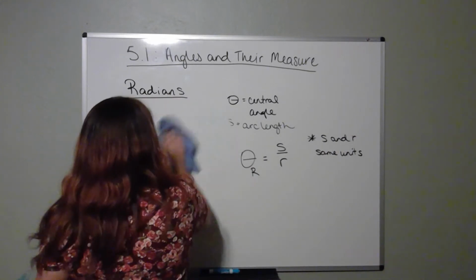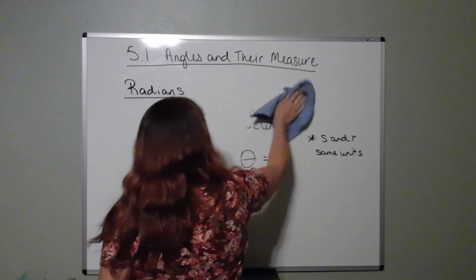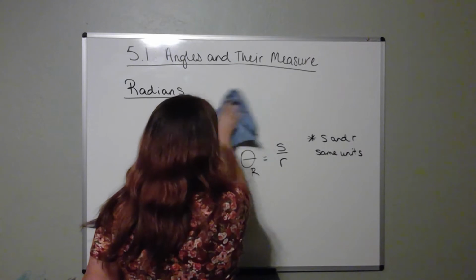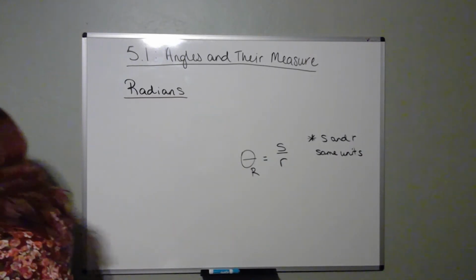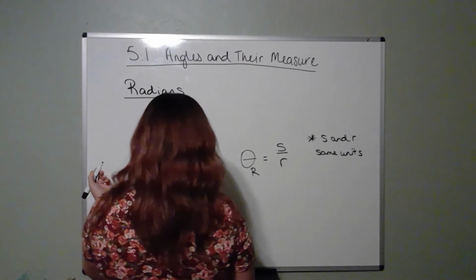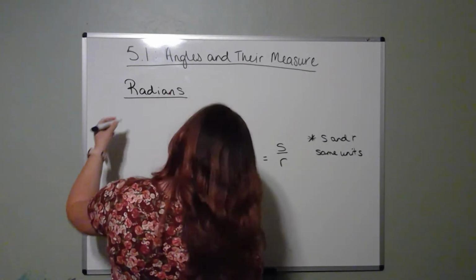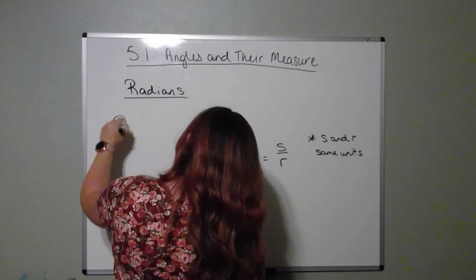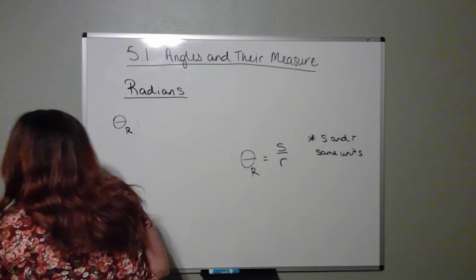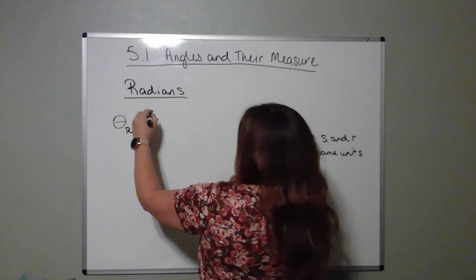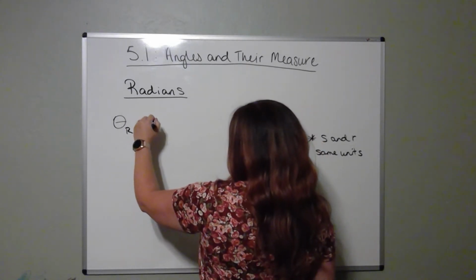I'm going to leave our s over r and our little note. All right, so I want to find the radian measure for an angle that is on a circle.